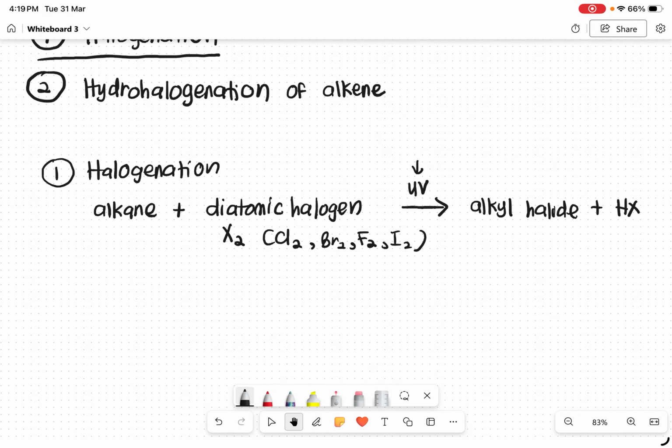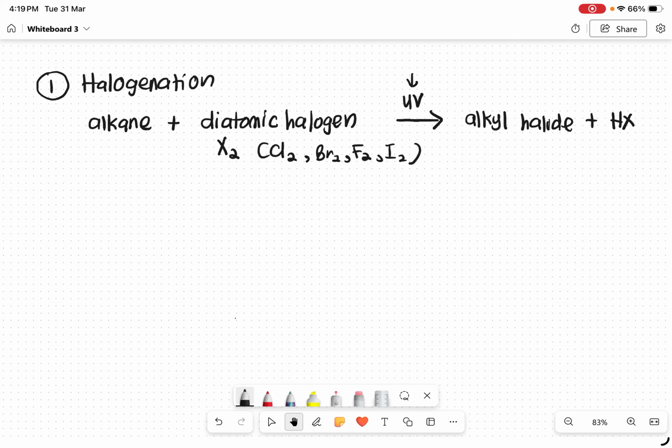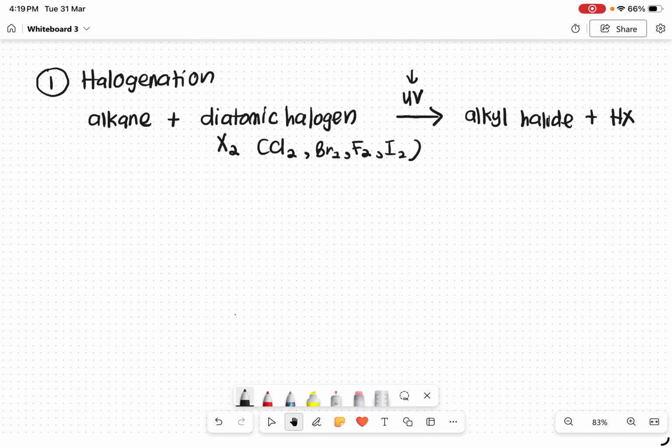It doesn't matter whether the alkane here is primary, secondary or tertiary. The concept is the same, where we just replace the hydrogen with halogen.